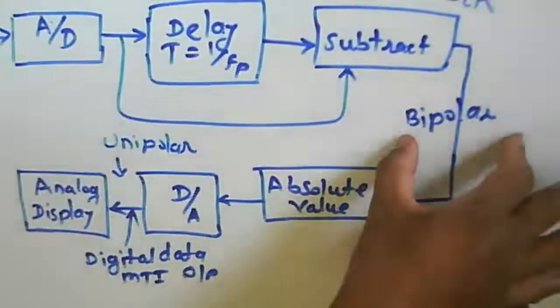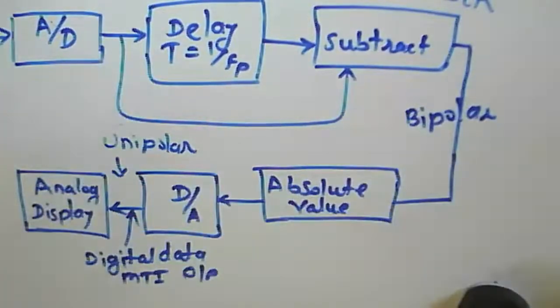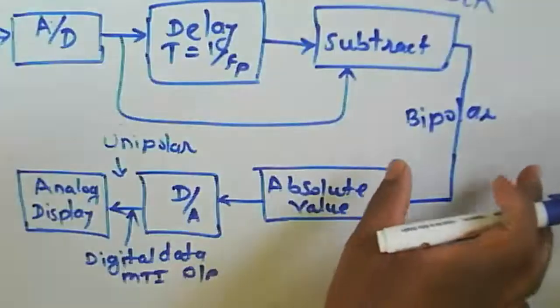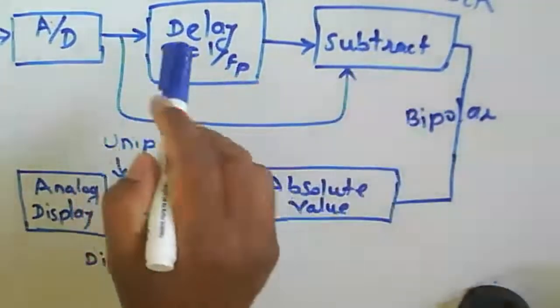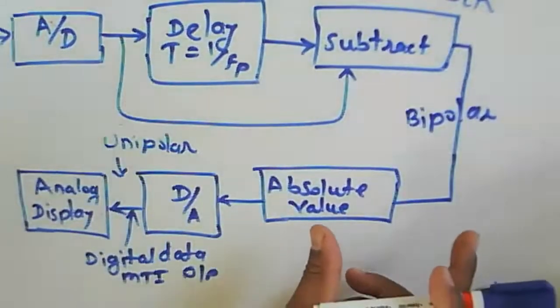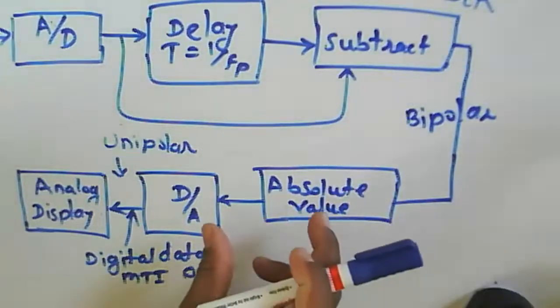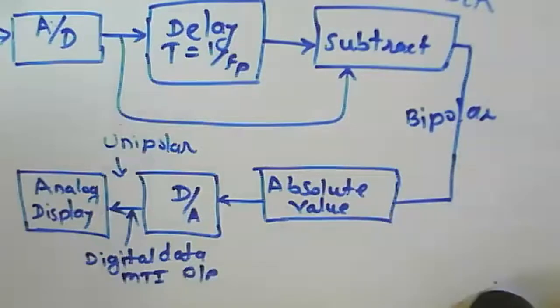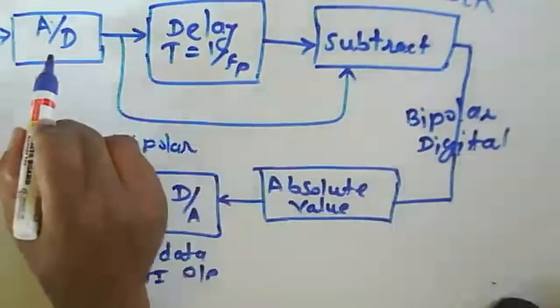Here we are getting only the bipolar one. That digital video consists of a positive pulse as well as a negative pulse. We need to convert it with respect to a particular value, because this bipolar video is nothing but digital data right now, since we are converting analog to digital.